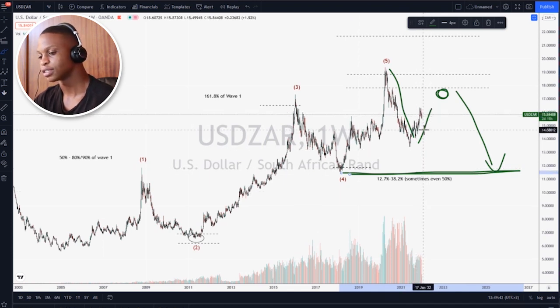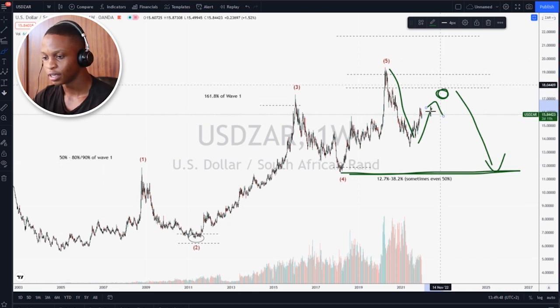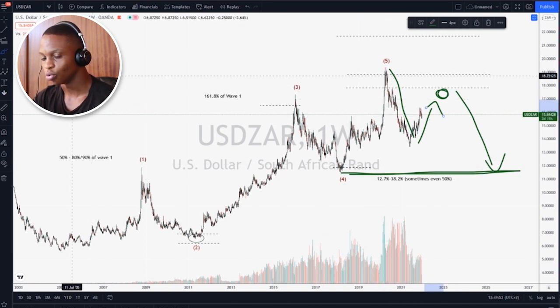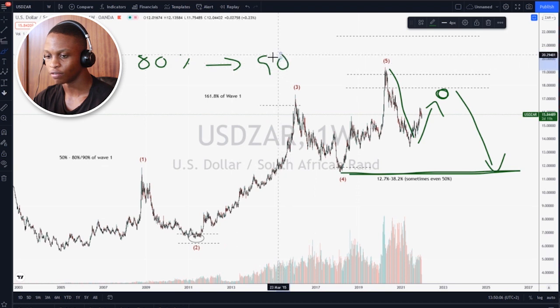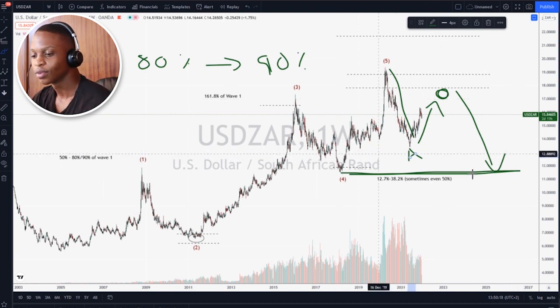Okay, so we need to understand, is there still potential for the market to go up? Is there still room for that to happen? And that will be determined by the rules that accompany the B leg correction, which speak about 80% to 90% of wave A. Should this be the end of wave A? All right. So that's what we need to determine on the lower time frames.